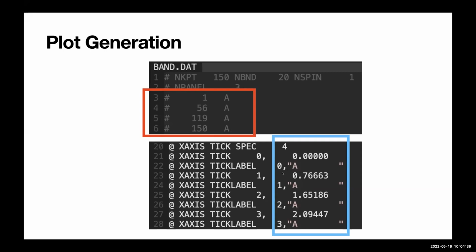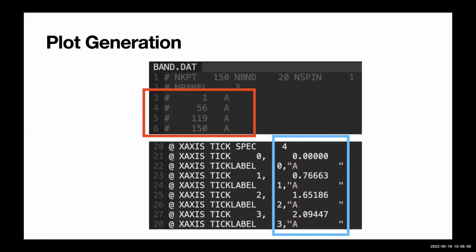The other important information is listed here, in this blue box. Like I said before, we have 4 high symmetry points for this calculation. And for plotting purposes, we want to convert the 3-dimensional k point path.